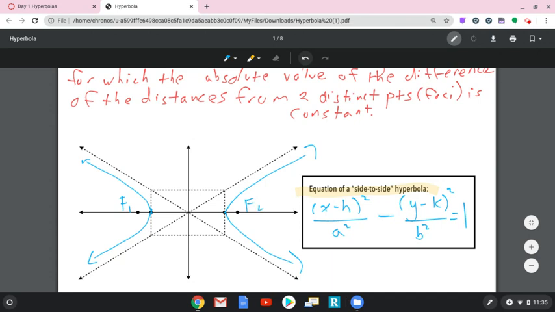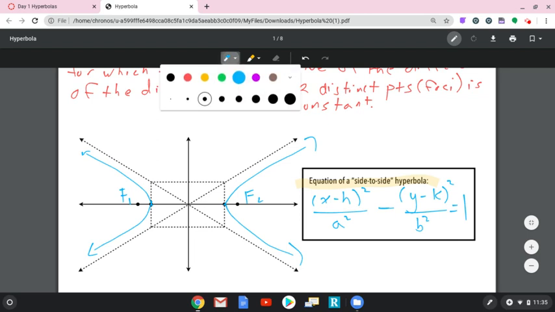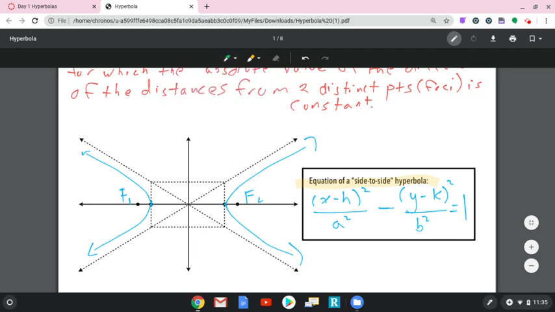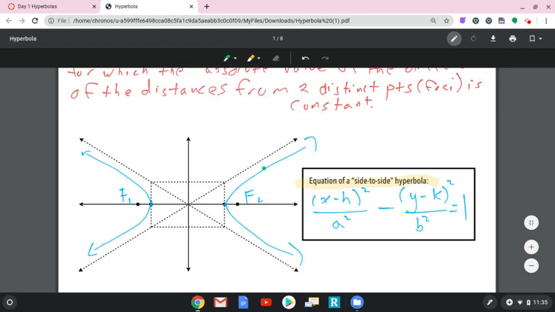If I have any point on the hyperbola, there's going to be a distance between foci 1 and that point and foci 2 and that point. So this is, say, D1, D2.